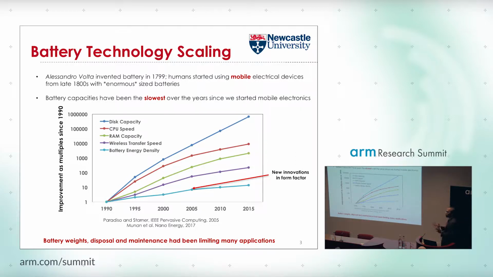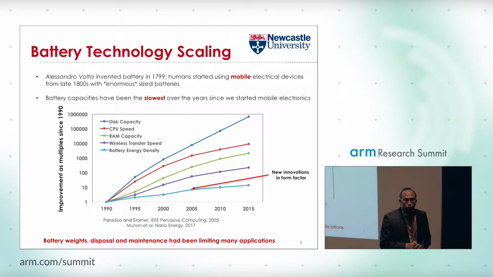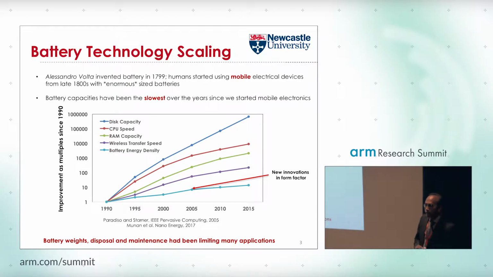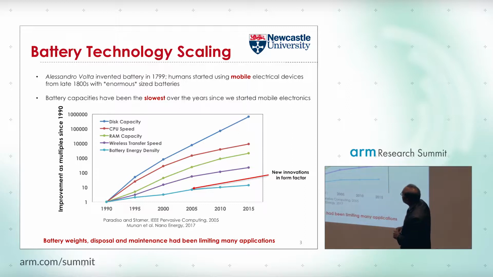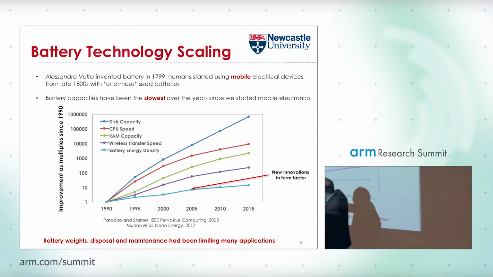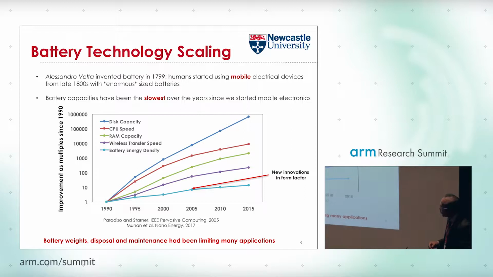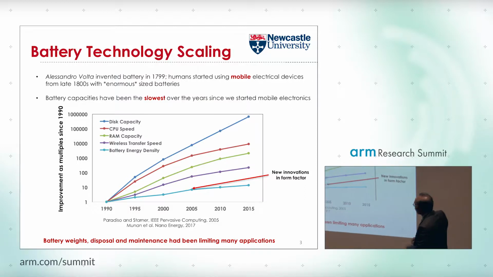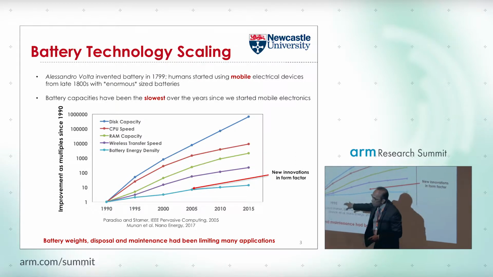It was ginormous in size and everything else, and it is believed to be the biggest innovation for mobile devices ever in the history of mankind. Obviously, the electronics came a lot later, until around the 1980s and 1990s, and we started having new kinds of batteries with new form factors and new chemicals coming in. That gave us a little bit of a boost, but really, what's falling behind is the battery technology.